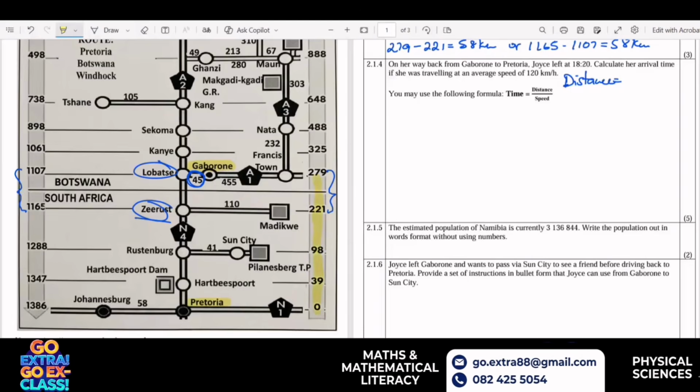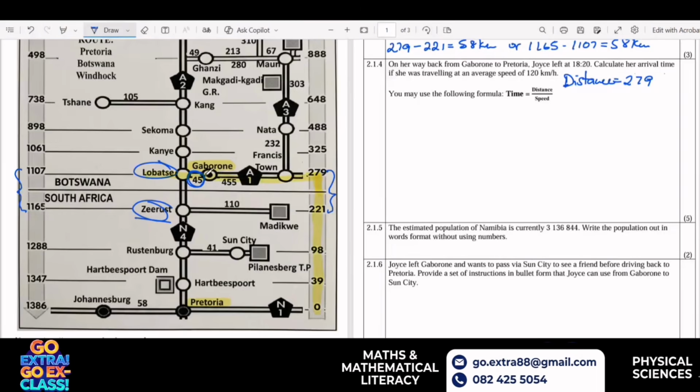The distance from Pretoria to this Labotso, which is this line here, you can find it is 279. That means the distance from Pretoria to Labotso is 279.